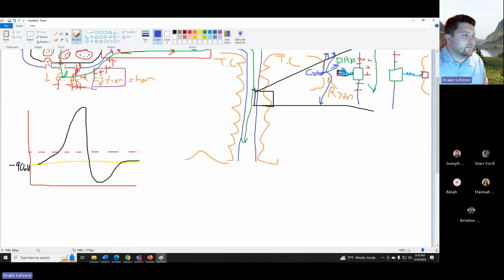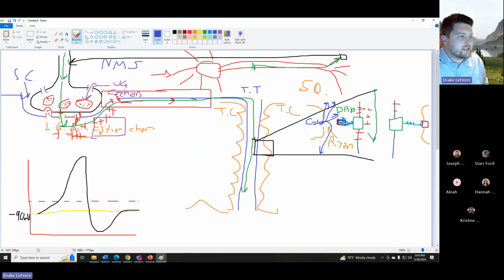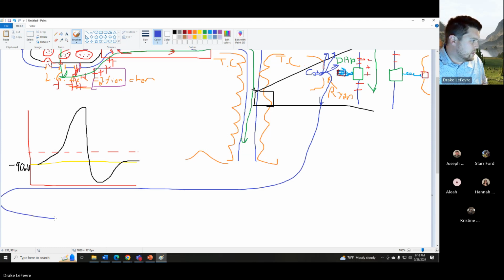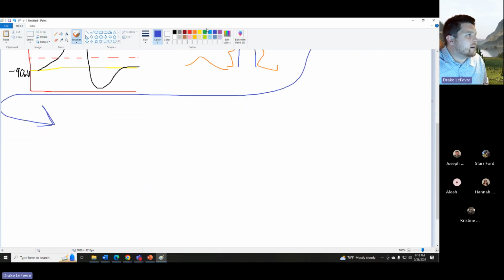Now this is where it gets super fun. This calcium, what does this calcium do? Where does this calcium go? To the troponin. Yeah, right, because we have our actin and our myosin filaments. So we have our actin, and it looks like this.